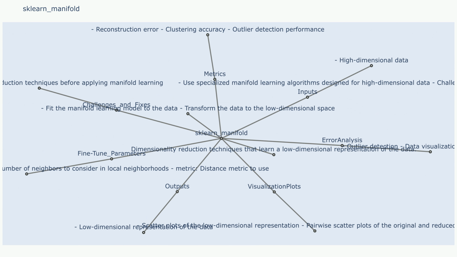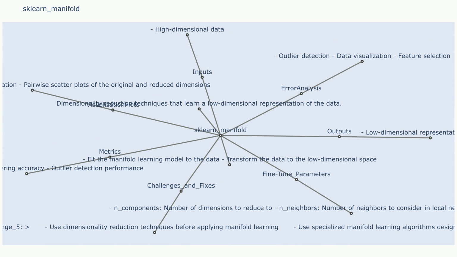Choose a more powerful manifold learning algorithm: explore algorithms designed to handle nonlinear relationships, such as ISOMAP, locally linear embedding (LLE), or t-SNE. Kernel methods: employ kernel methods to map the data to a higher dimensional space where the relationships become linear, and then apply manifold learning in this space.